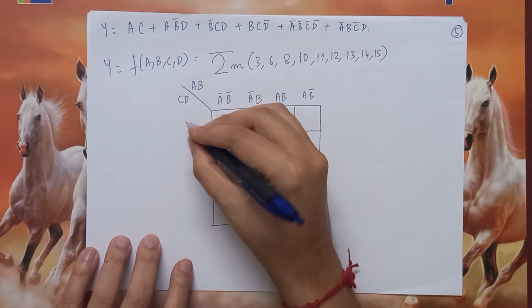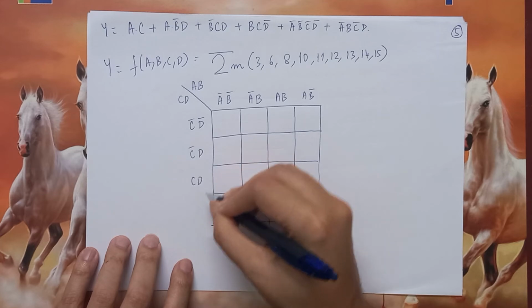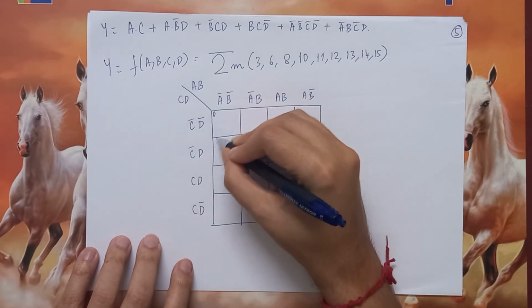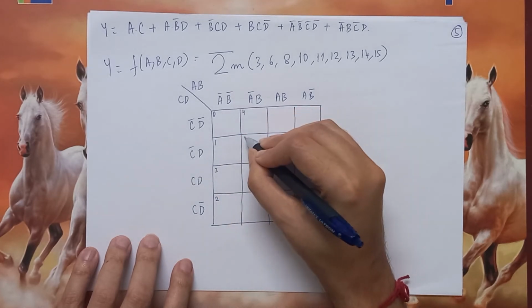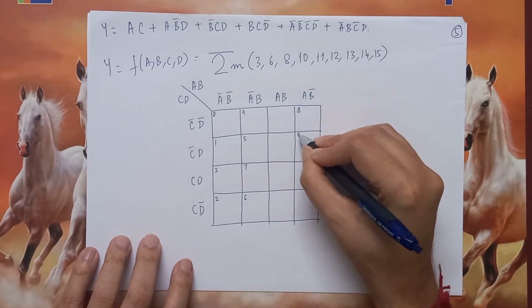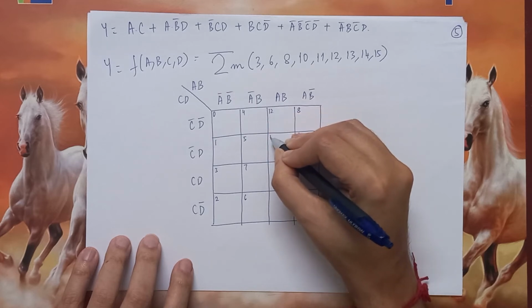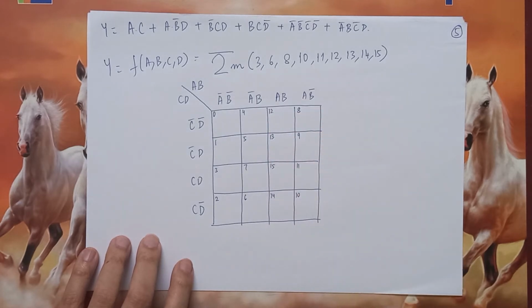Just like this, we have C bar D bar, C bar D, C D and C D bar. Numbering, let's be careful: 0, 1, 2, 3, 4, 5, 6 and 7, 8, 9, 10 and 11, 12, 13, 14 and 15.